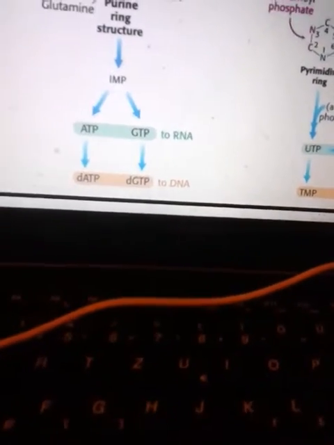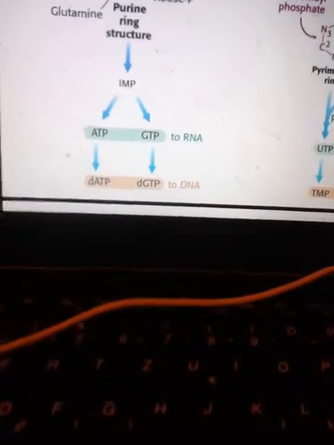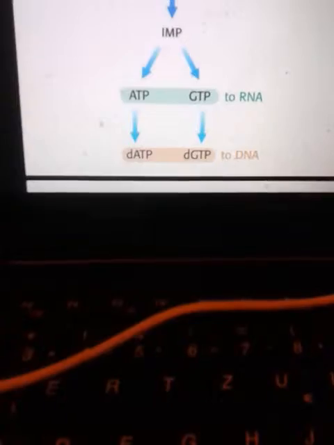Could you please draw for me carbamoyl phosphate? What is the carbonic acid? H2CO3. How can you draw the carbonic acid? You should put the carbon here, 3 oxygen around, 2 hydrogen.